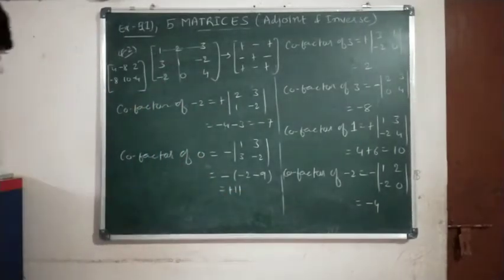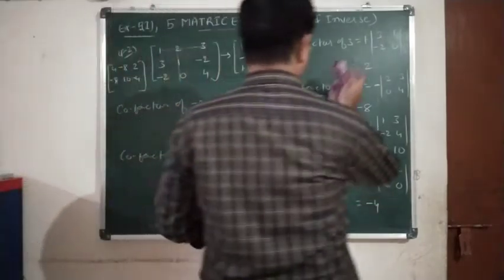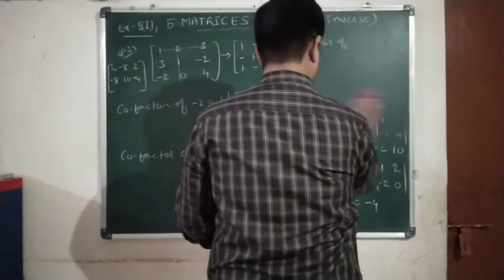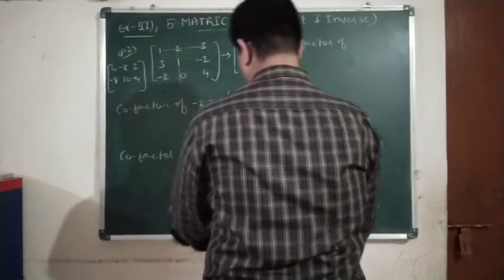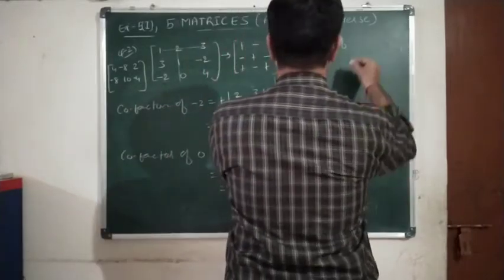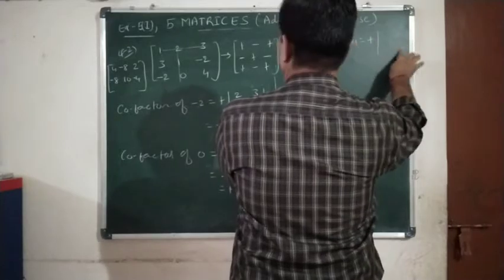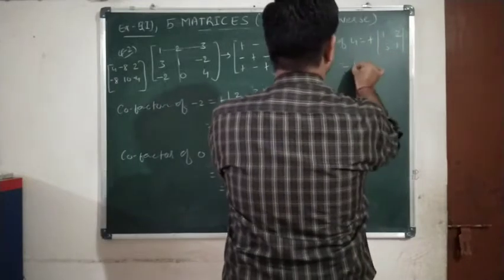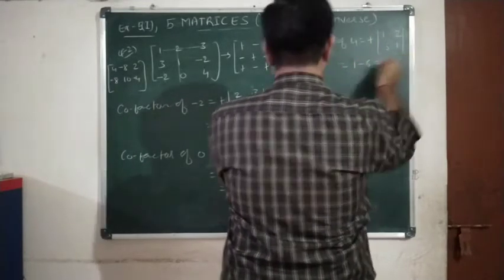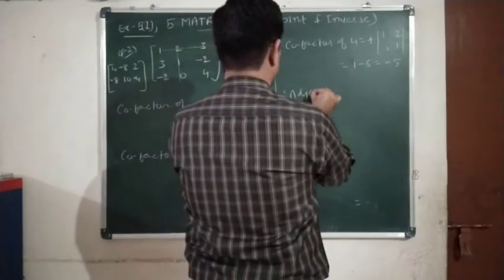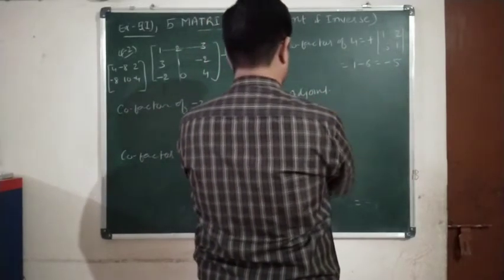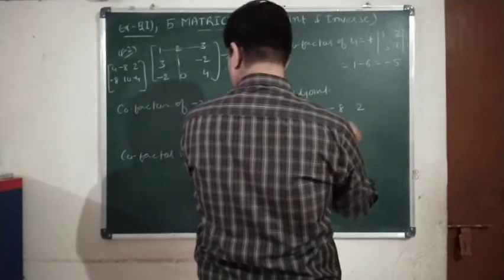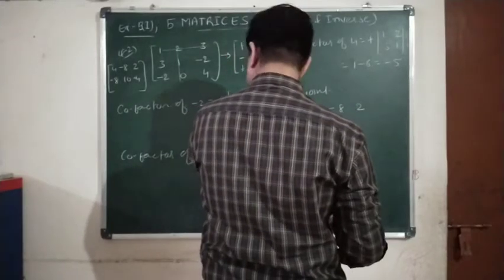Yes or no? And finally one more element, the cofactor of the last element 4: plus determinant 1 2, 3 1, which is equal to 1 minus 6, equal to minus 5. Therefore the adjoint: we will replace the elements by the respective cofactors.